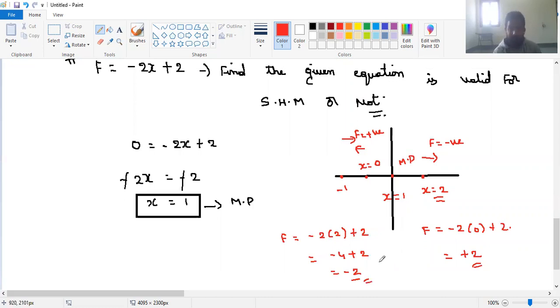That means the condition is valid, and the given equation is nothing but an SHM equation. So I think you know how to validate the equation of SHM.